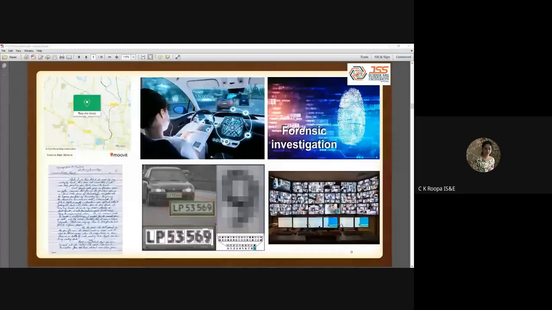So these are some of the other very interesting applications, which were discussed extensively, like the self-driving car, where Dr. Nagesh discussed identifying the source and the destination by making use of the GPS tracking system.